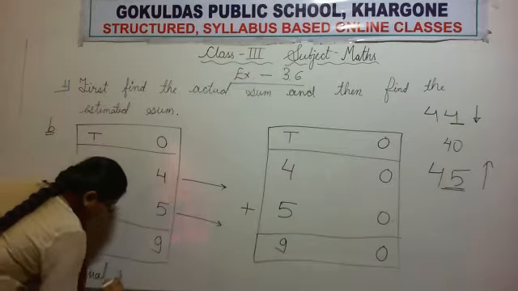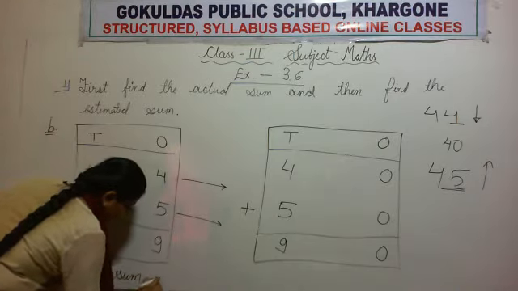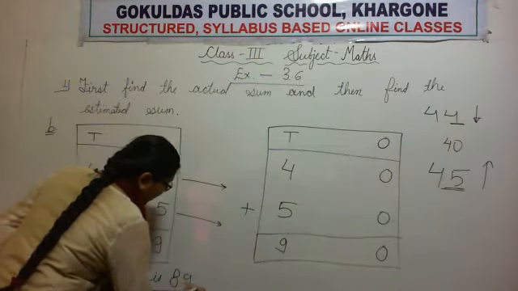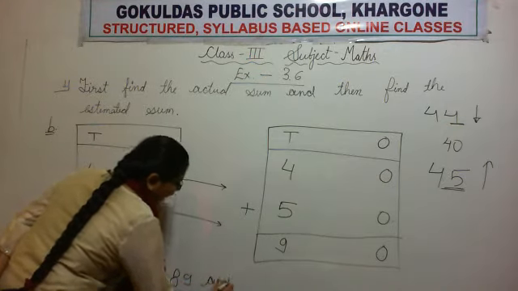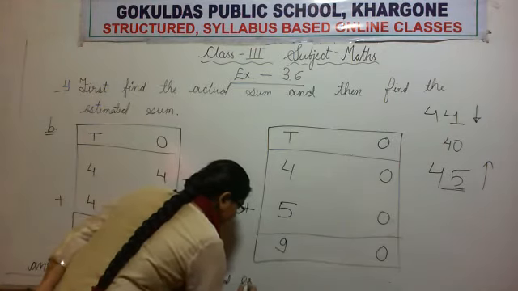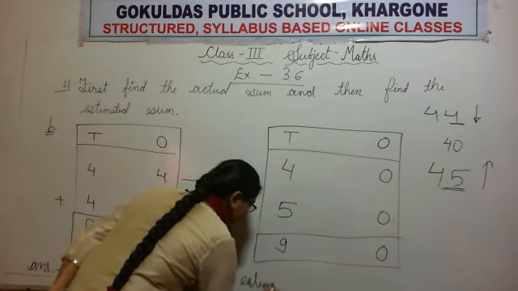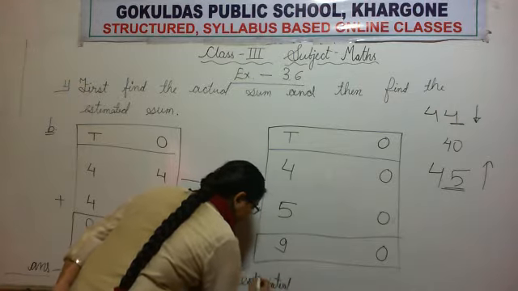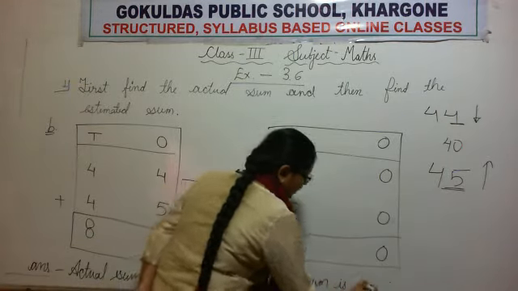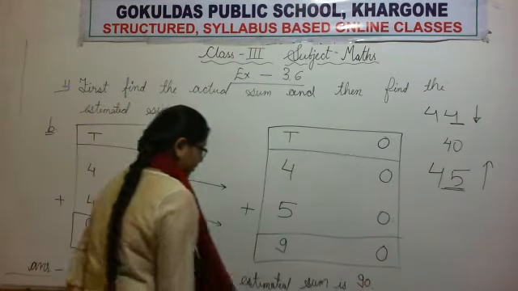Actual sum is, what is our actual sum? 89. So actual sum is 89 and estimated sum is 90.